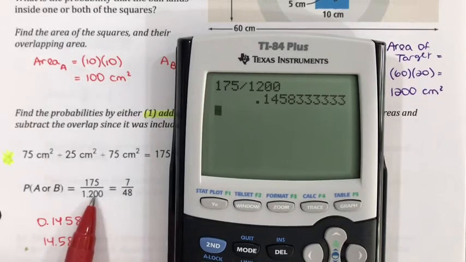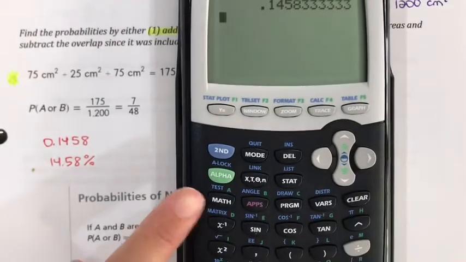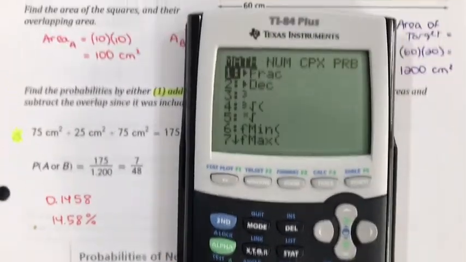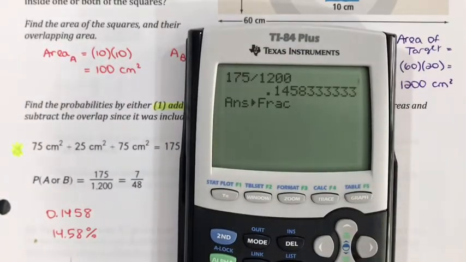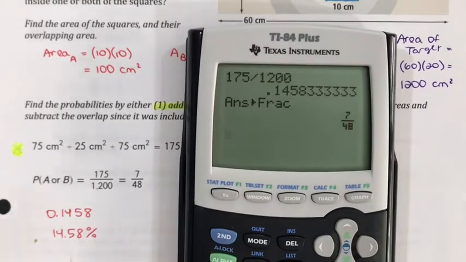You can always leave it as a fraction if it's reduced, or you can write it as a decimal or fraction, okay? Now, if I did want to reduce this fraction, the shortcut in the calculator is hitting the math button and then frac. Notice that reduced my fraction to 7/48, okay?